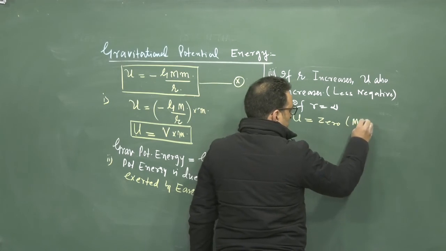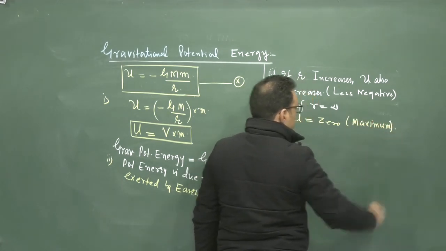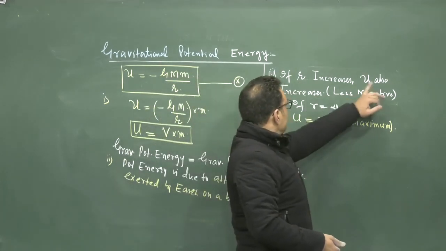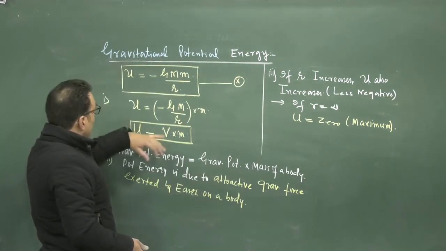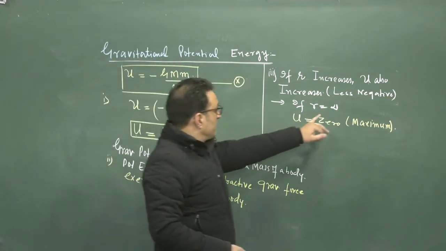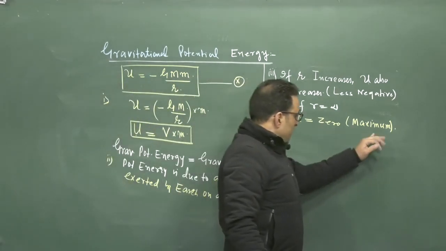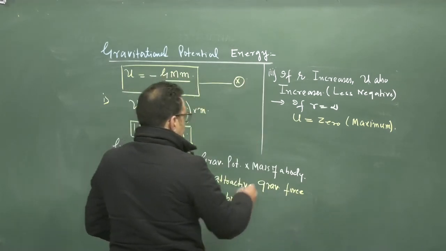That means maximum. If r increases, gravitational potential energy also increases. That means the U becomes less negative. When r tends to infinity, U becomes 0. That means the maximum.